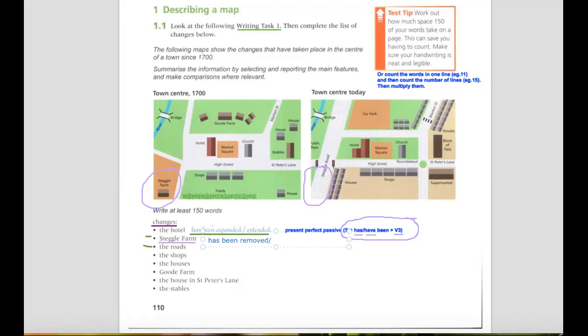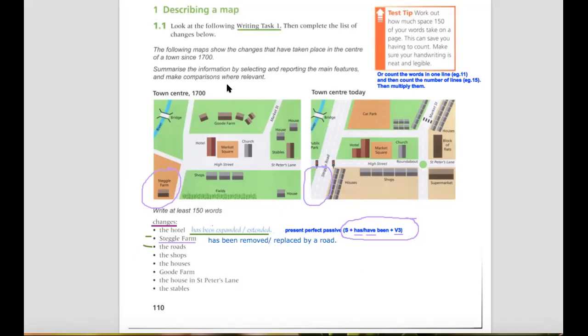So if it's gone and there's something else there, we use replaced by. Okay, so Stiegel Farm has been replaced by, and what's there now? A road. Okay, so either we just say it's gone or we say what is there now. So it has been replaced by a road. All right, now let's go to the next one.